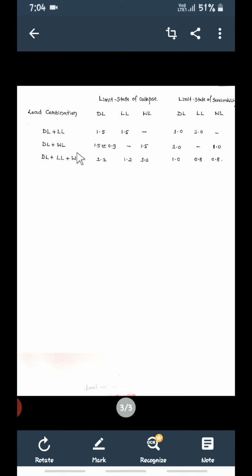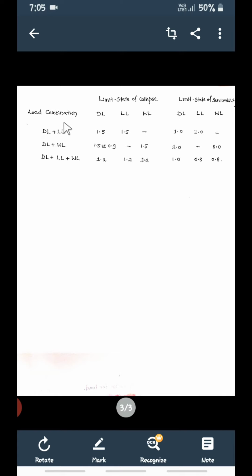So there are different load combinations, that is dead load plus live load, dead load plus wind load, then dead load plus live load plus wind load, all the three loads. The first combination has only dead load and live load. The second load combination is dead load plus wind load. Then third is dead load plus live load plus wind load.